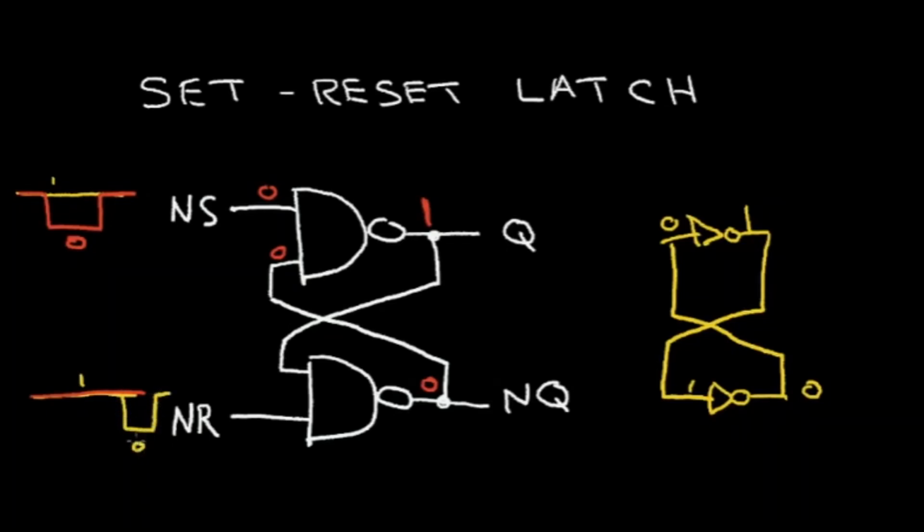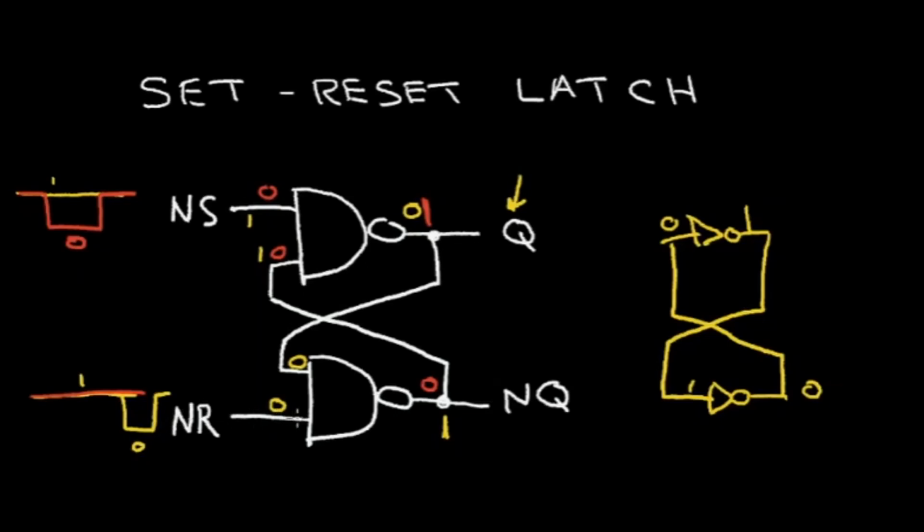So when this becomes a 0, this is a 0, that forces this to a 1, and a 1 here, and a 1 at the not reset forces to be a 0, and a 0 comes along and reinforces this 1. So the not reset sets the Q to a 0 level when it goes low. So this is a nice little circuit for storing information.